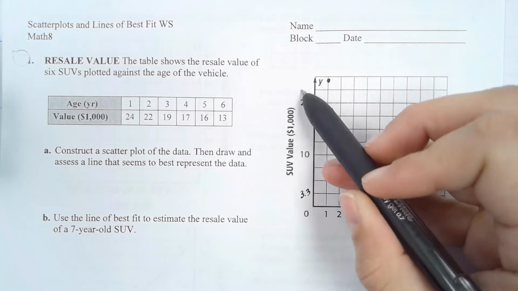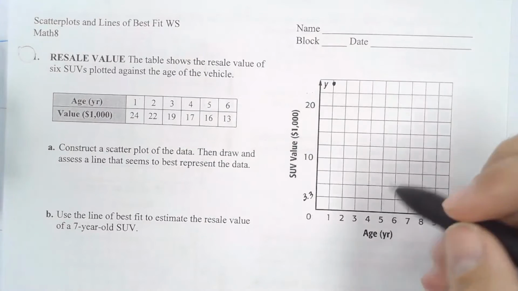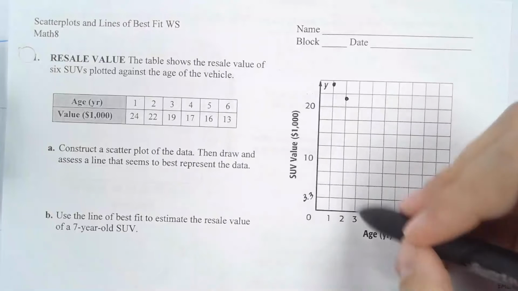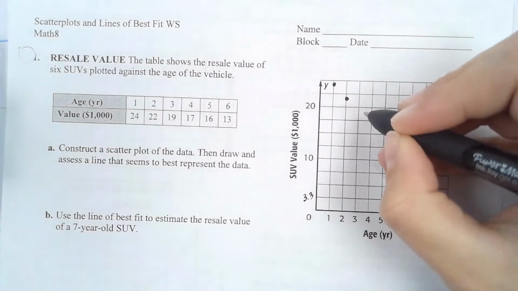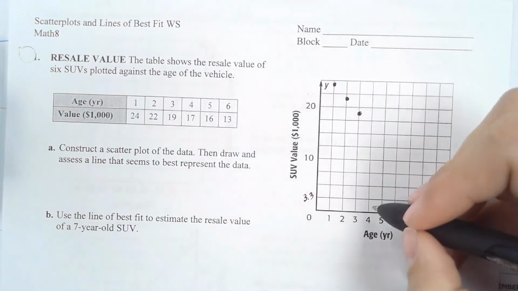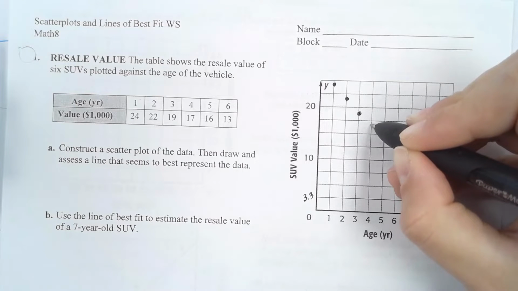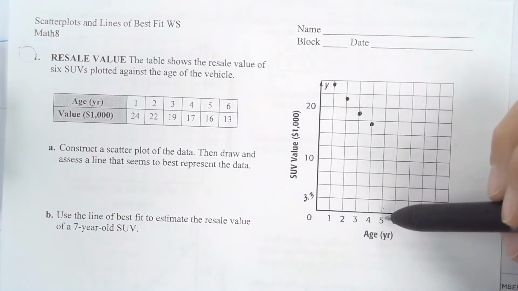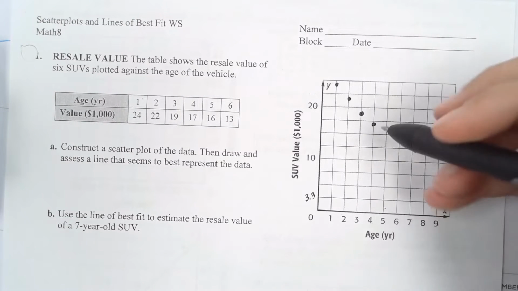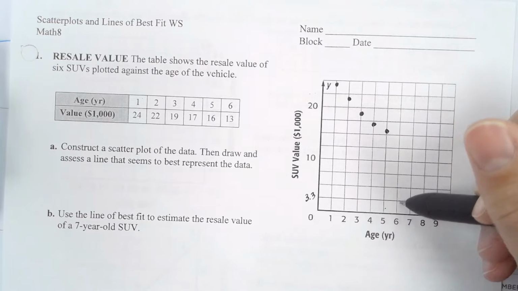So this would be 23.3, so 24 would be somewhere right there. Then I got 2, 22, 3, 19, 4, 17, then I got 5, 16, and then 6, 13.